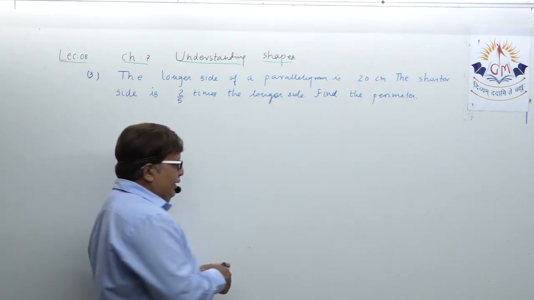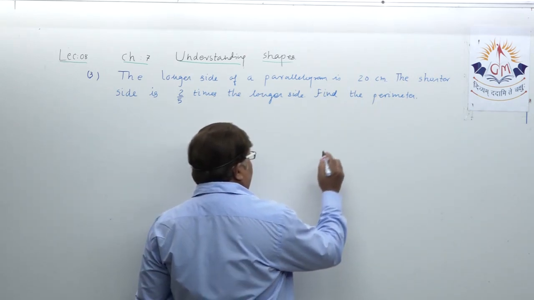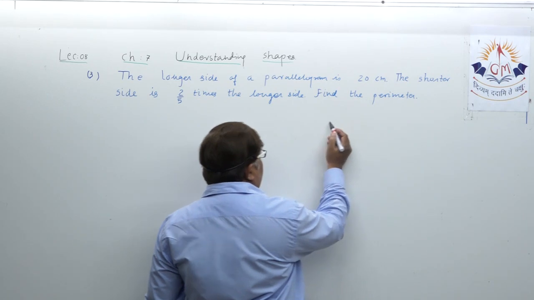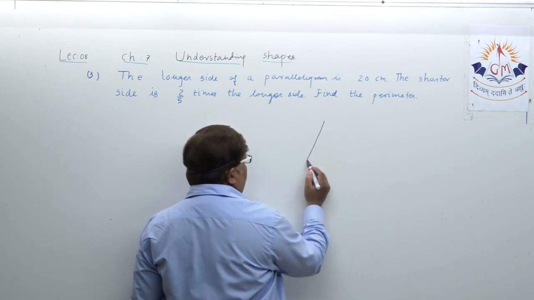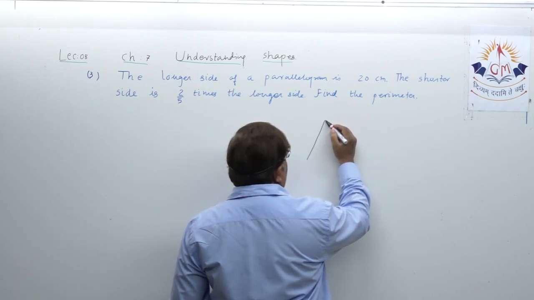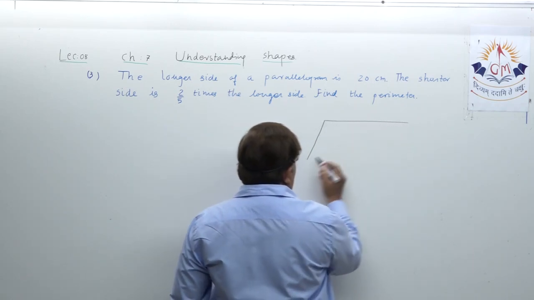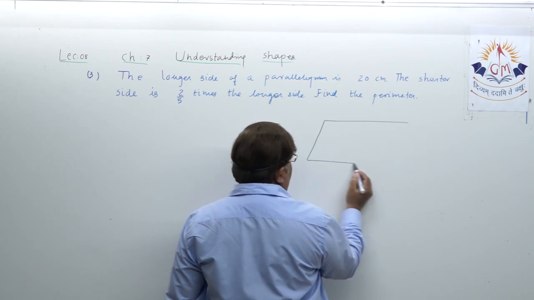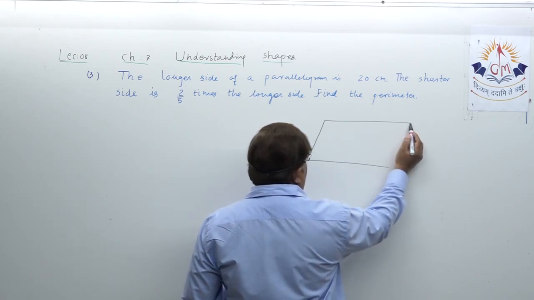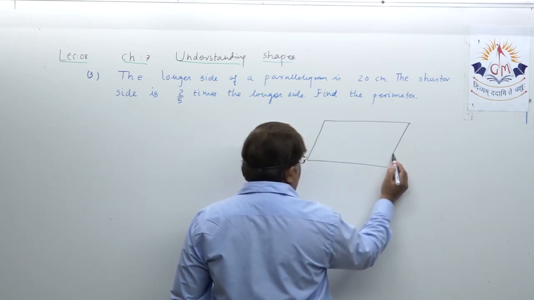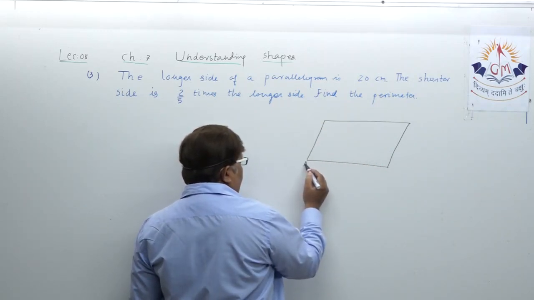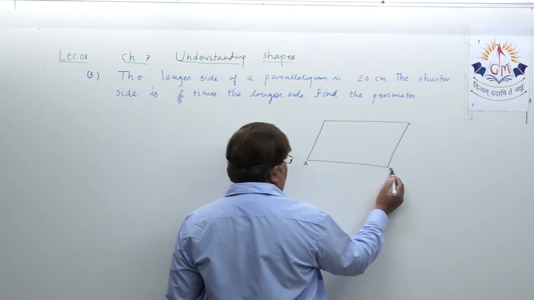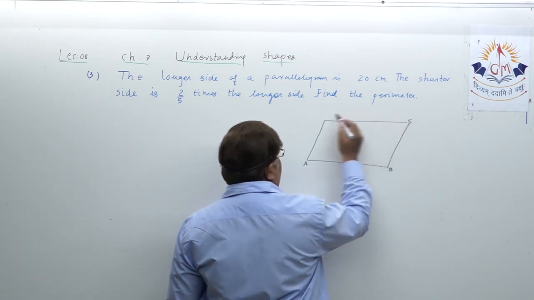Okay, let us calculate the sum as usual. First, we will draw a parallelogram, and because it hasn't been mentioned, let us take it ABCD.